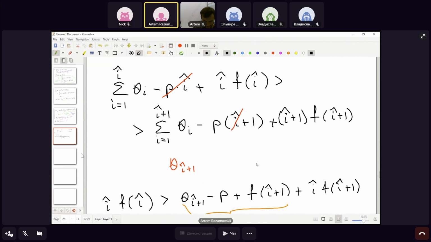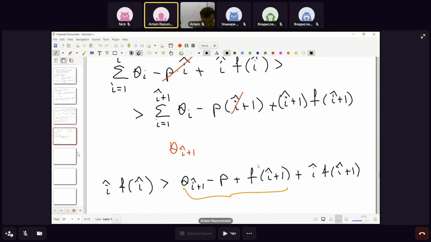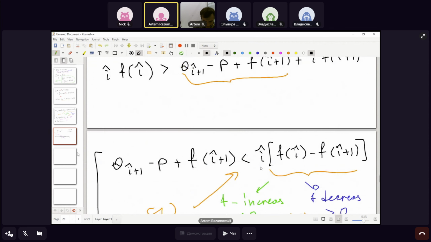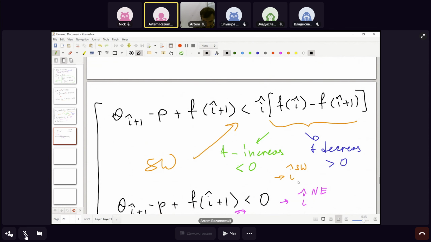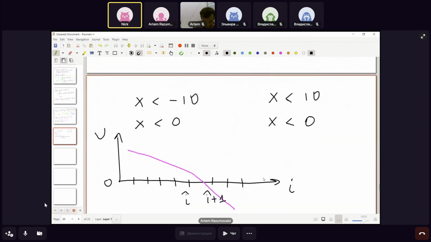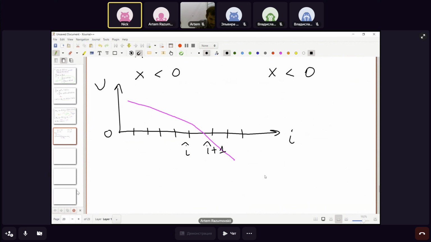It's wrongly, but I'm not sure. About increasing and decreasing, it seems logical. Yeah, so if it's minus 10 here, then you probably can connect more agents, right?